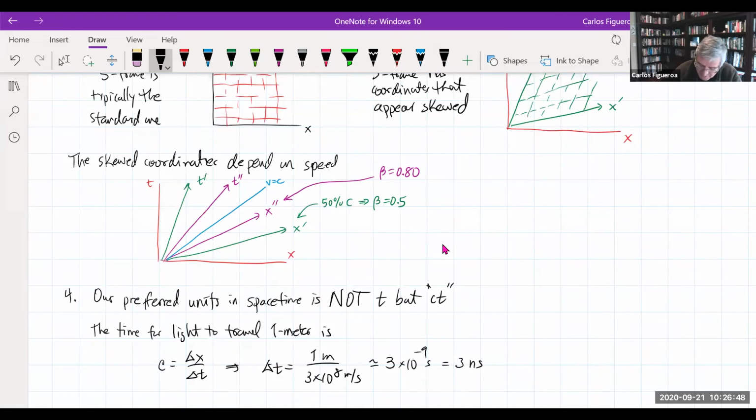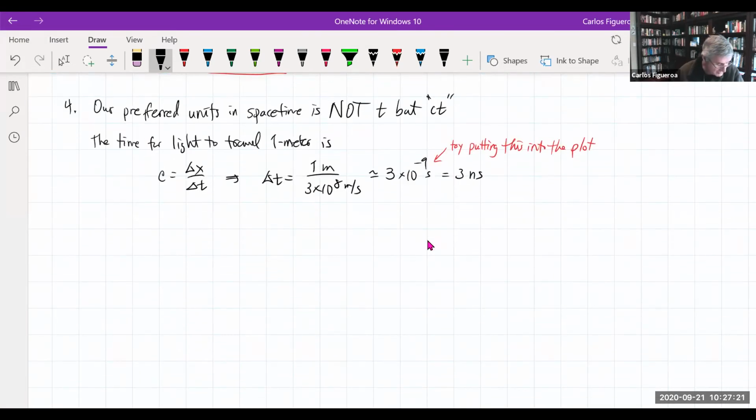Now imagine trying to put this into a coordinate system. Wow, that's horrible. Those are horrible units. So the way we do this is that we measure time in the distance that light travels.